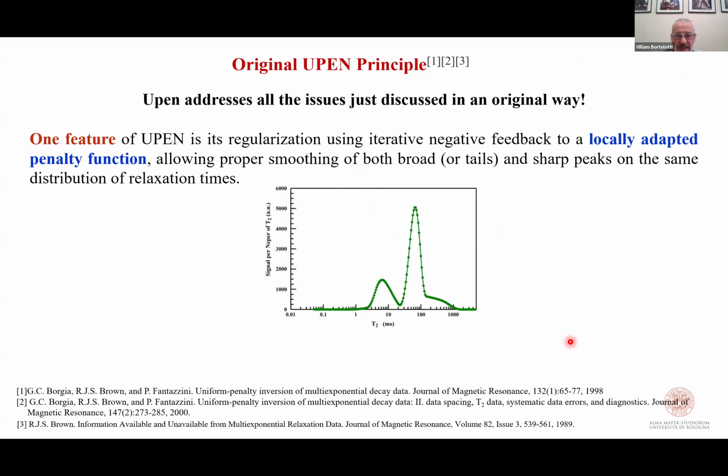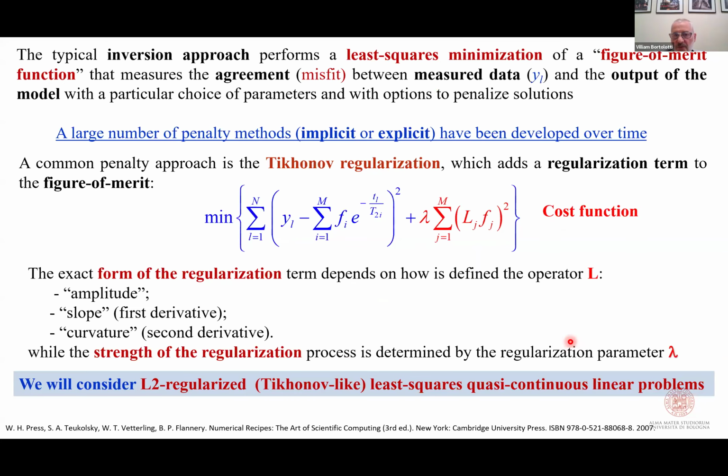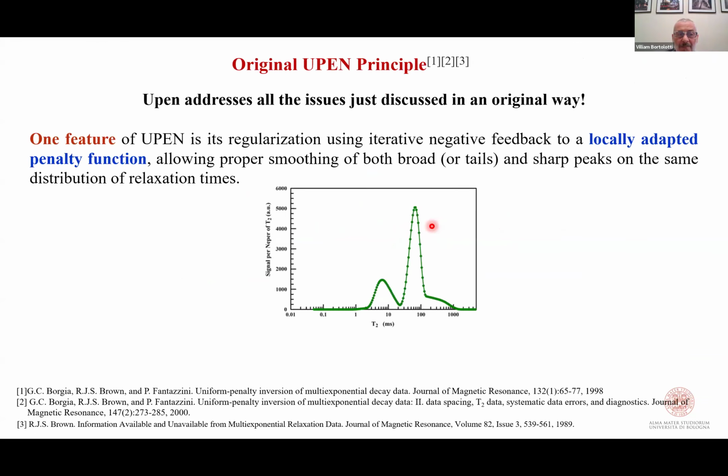What is the main difference of OPEN with respect to the Tikhonov regularization, where you have just one lambda? OPEN introduces not just one lambda, but many lambdas. This is a typical distribution of relaxation times T2, in this case obtained using OPEN.